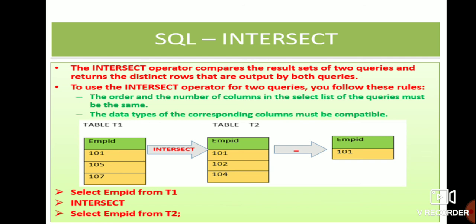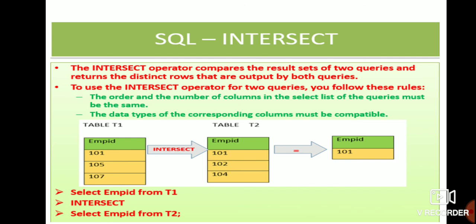The INTERSECT operator compares the result sets of two queries and returns the distinct rows that are output by both queries. To use the INTERSECT operator for two queries, you follow these rules. The order and the number of columns in the select list of the queries must be the same. The data types of the corresponding columns must be compatible.